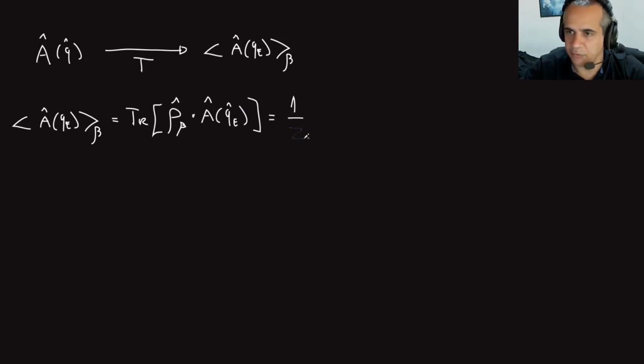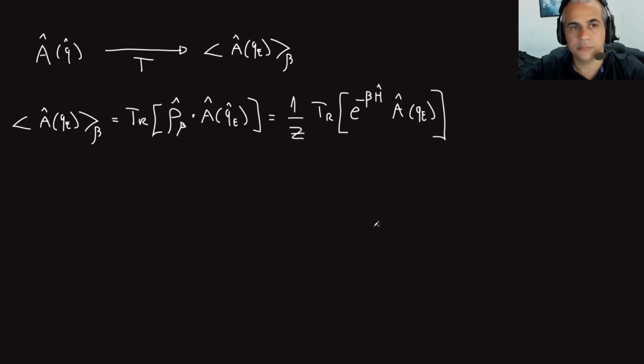I get a factor of 1 over Z outside times the trace of the exponential of minus beta H, A of Q_E. And of course, this is the evolution in Euclidean times.